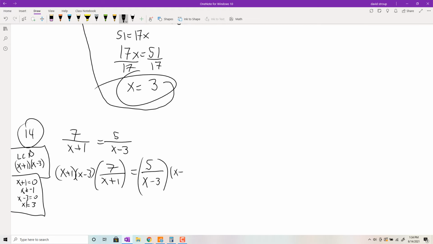There's no real distribution here, so we could just do our simplification. End up with 7 times x minus 3. And on the right side, the x minus 3's cancel, and you get 5 times x plus 1.